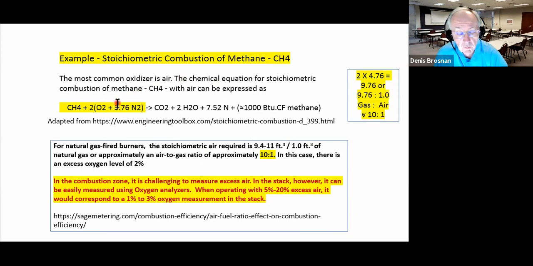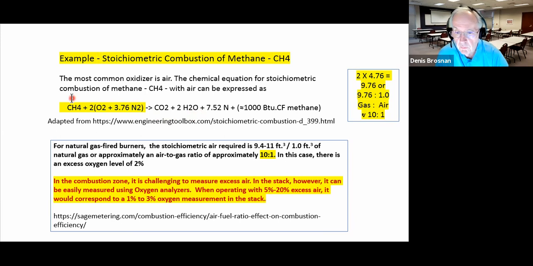Okay, let's say it again. 3.76 plus 1 is 4.76, but we needed twice that much. So that turns out to be 9.76. I hope I did that arithmetic correctly, but it's not important because what we're going to end up with is a rule of thumb that we use about 10 parts of air to 1 part of methane.